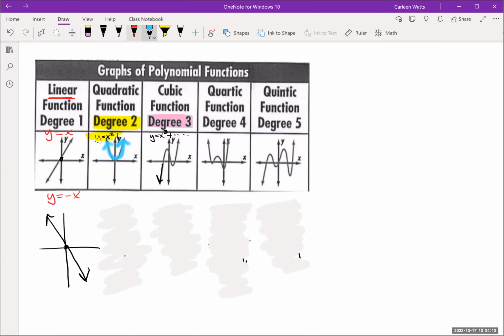But what if I put a negative in front? What is that going to do? Instead of being a happy face, it's going to be a sad face. A negative in front of the lead term flips it down.